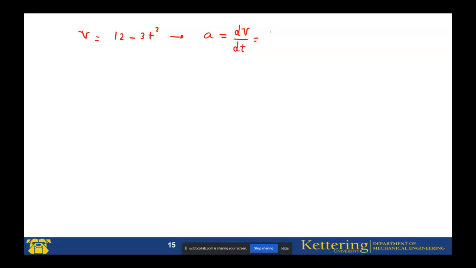The derivative of 12 minus 3 t squared with respect to time is minus 6t, or minus 6 multiplied by 4, it is minus 24 meter per second squared. This is the easiest one.